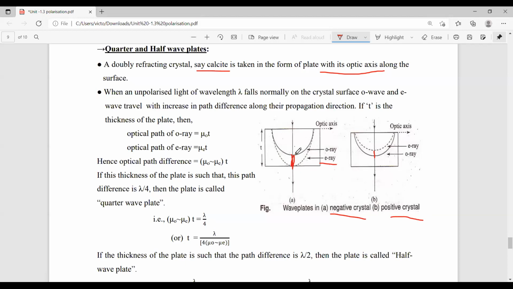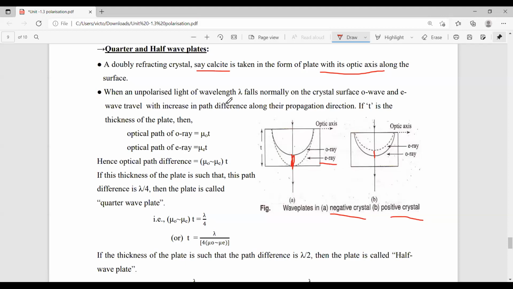Due to the difference in their path difference, if the path difference is lambda by 2, then it is called a half wave plate. If the path difference is lambda by 4, then that plate acts as a quarter wave plate. Let us discuss briefly about that.